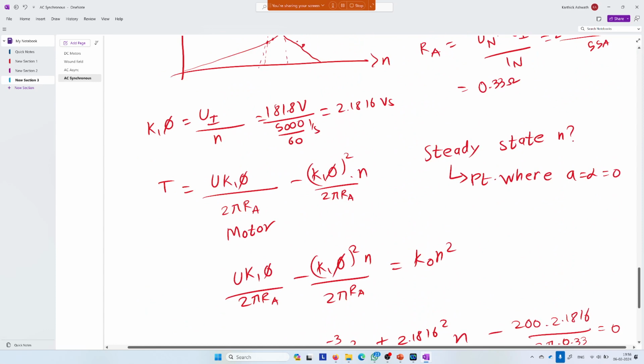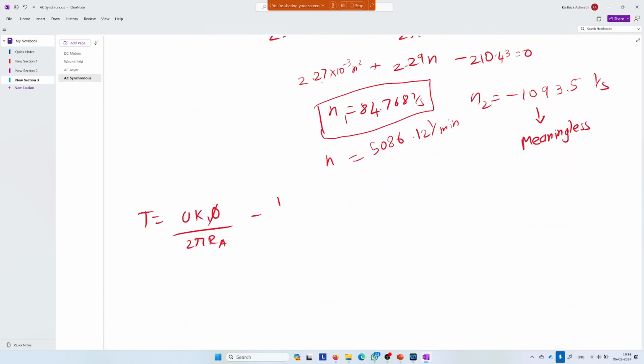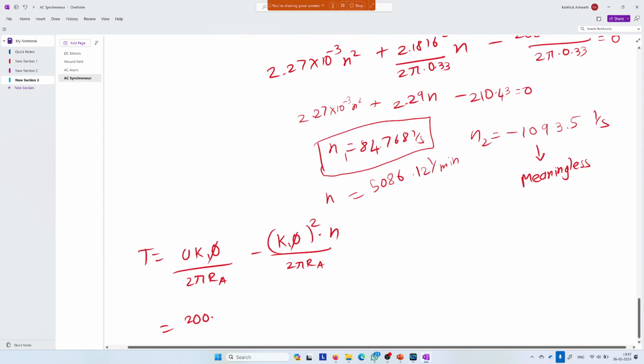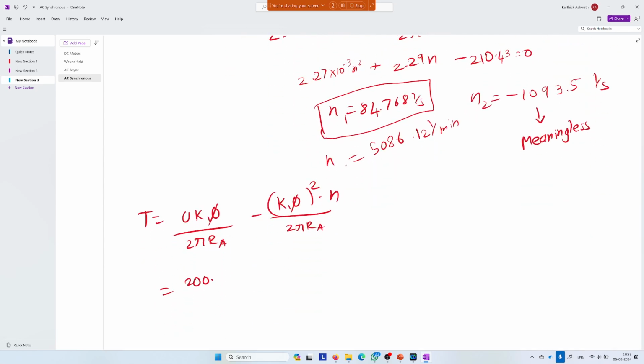U K15 K15 square. Remember to use the rotational velocity or rotations per second, not RPM. So U is the supply voltage, not induced voltage. So 200 times K15.